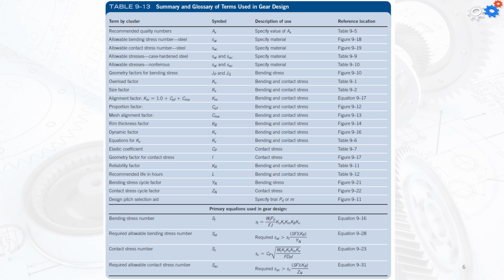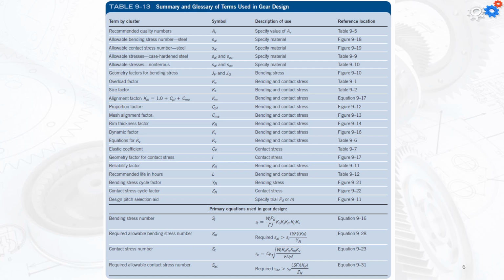The equations for the KV can be found by using table 9.1, 9.2, equation 9.17, figure 9.12, figure 9.13, figure 9.14, and figure 9.16. The equation for the KV is going to be from table 9.6.